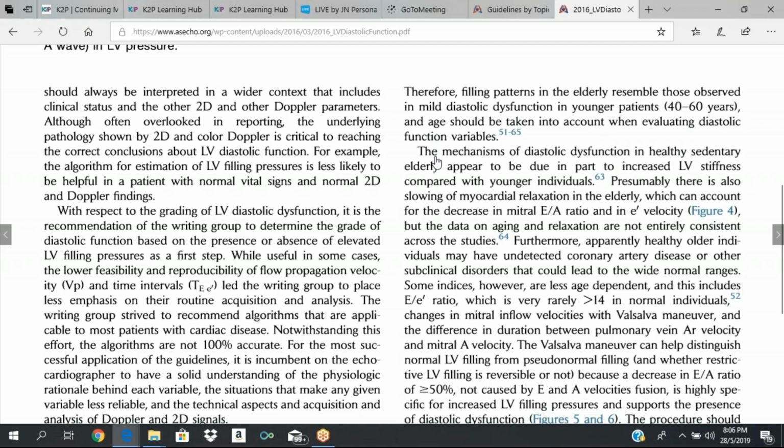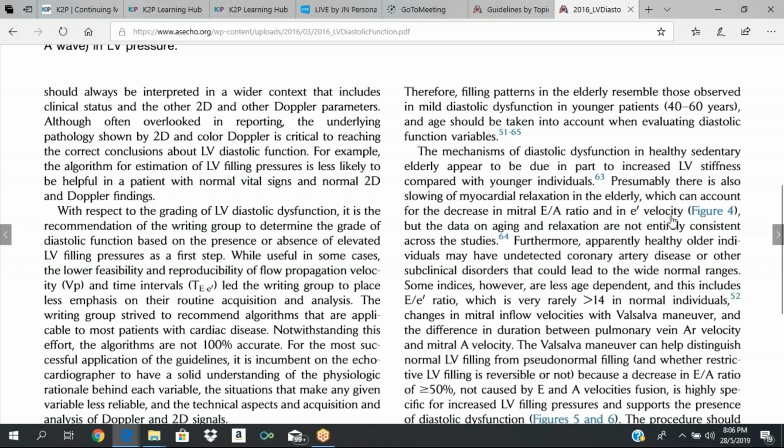We're not going to go into this in detail, but the mechanism of diastolic dysfunction in sedentary elderly appears to be due in part to the increased LV stiffness compared with younger individuals. So the older one gets, the LV becomes stiffer. Presumably, there is also slowing of myocardial relaxation in the elderly, which can account for the decrease in the mitral E to A ratio and E prime velocity.